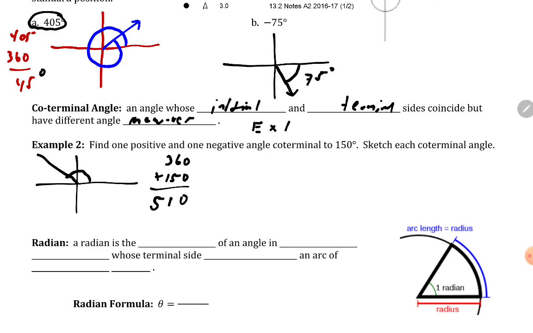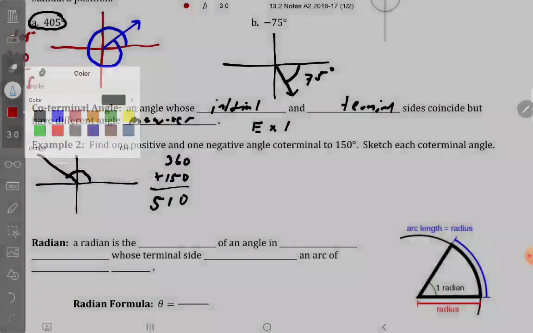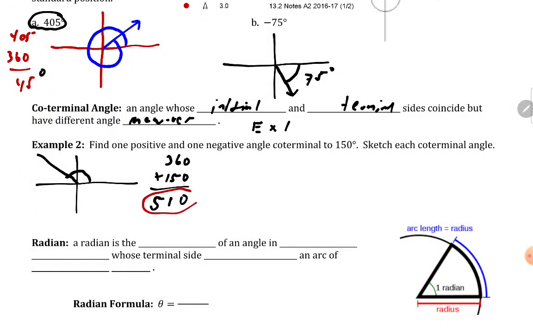So 510 degrees would be one positive angle, and let's make this red, and it would look like this. Something like that.